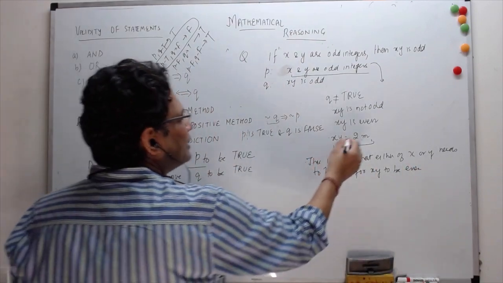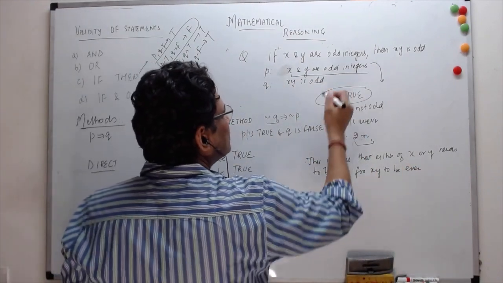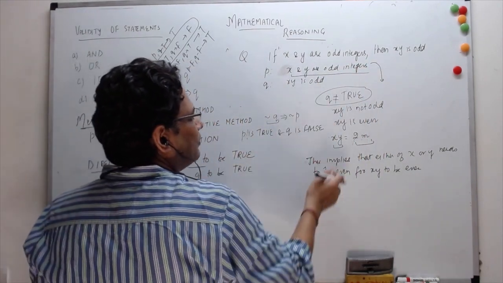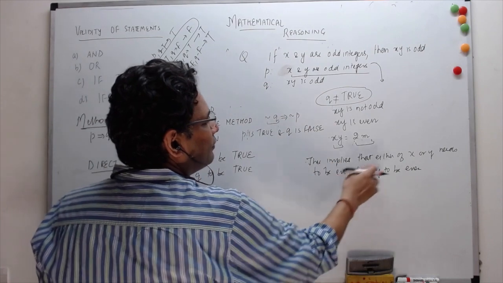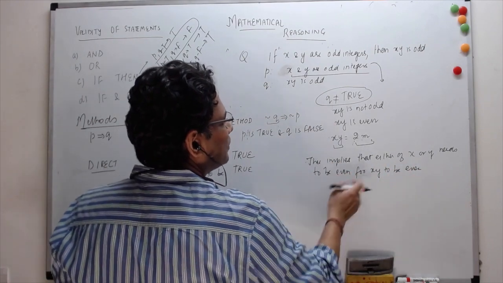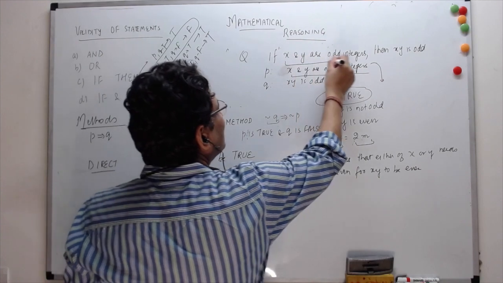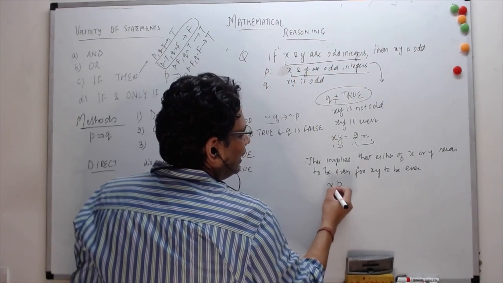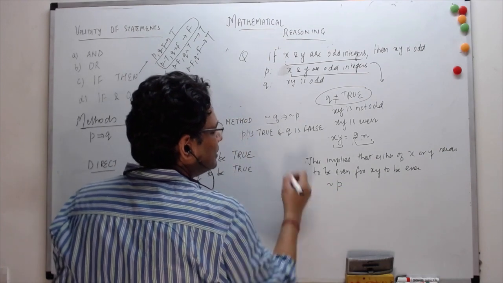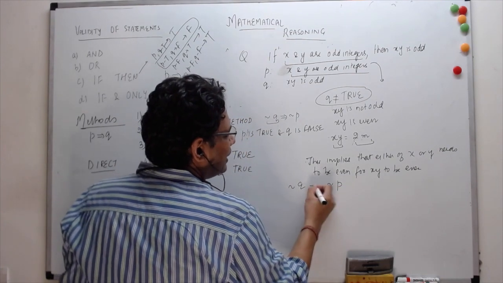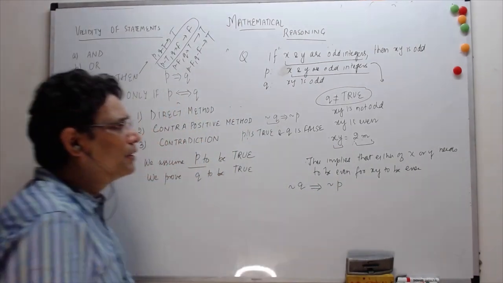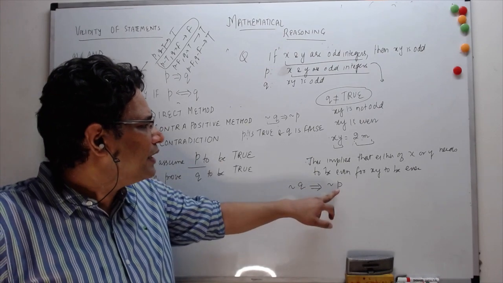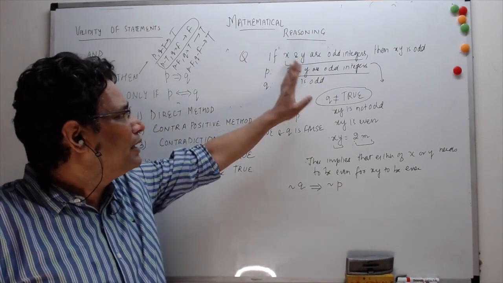Meaning that what we have done is, since we assume that Q is not true, that means Q is false. We are able to say that one of either x or y is even, and that means it is contradicting our statement P as well, which is giving us negation of P. So negation of Q is actually implying negation of P, because with this condition we have been able to prove that either x or y needs to be even.